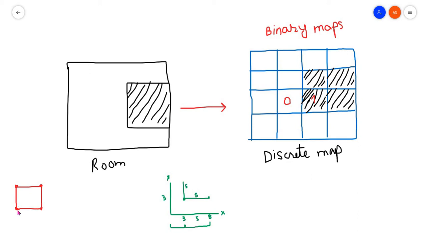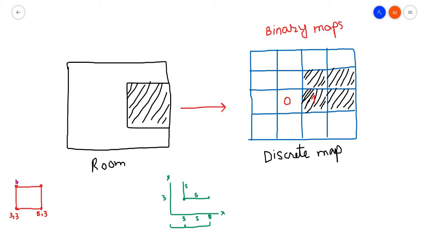The first one: x-axis was 3, and y-axis was 3. For the second, x-axis was 3 plus 5, 8, but y-axis was 3.